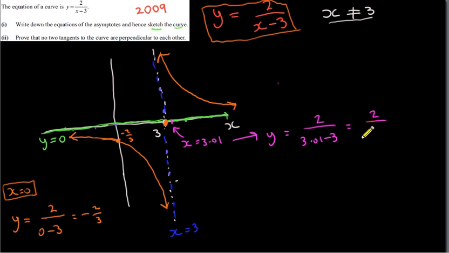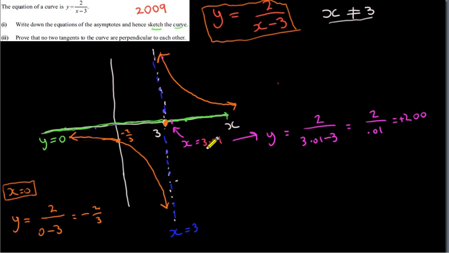But that's just 2 divided by 0.01. That's 2 divided by 1 over 100, so that's 2 times 100, which is 200. So at x equals 3.01, we get a y value of plus 200. That's a very large positive value.